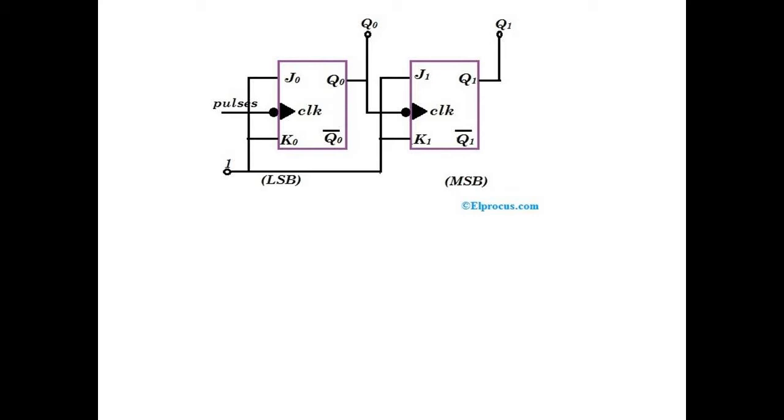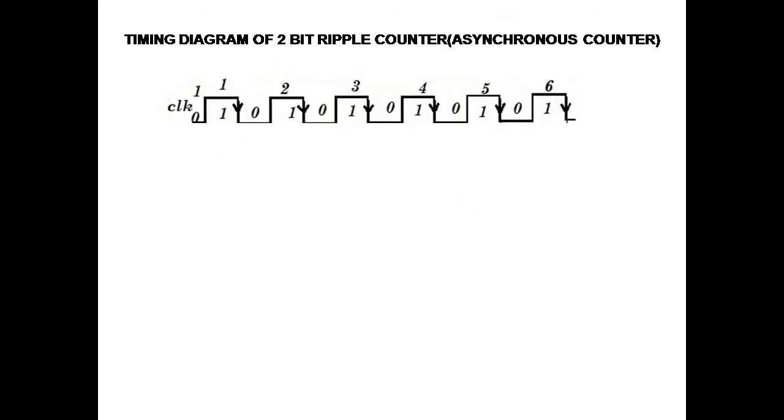Both the inputs are given high, and the output of the first flip-flop is connected to the clock pulse of the second flip-flop. See the timing diagram where the clock input is given like this. Each pulse is numbered 1, 2 and so on.